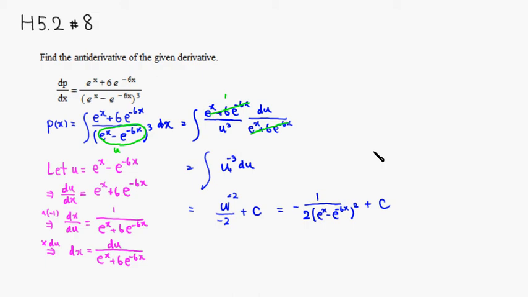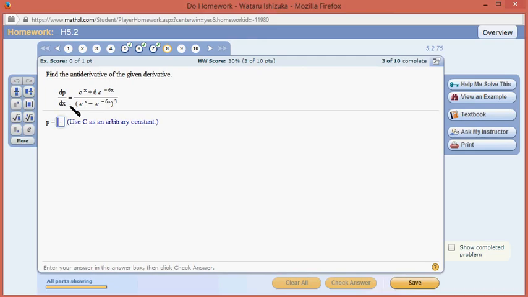So let's type it in: 1 over 2 times the quantity e to the x minus e to the negative 6x squared, plus some constant c.